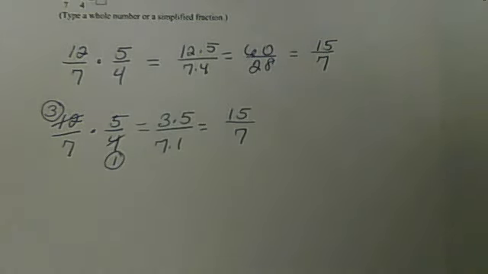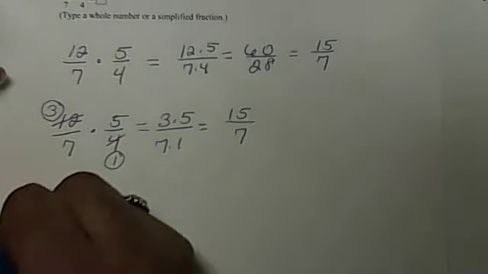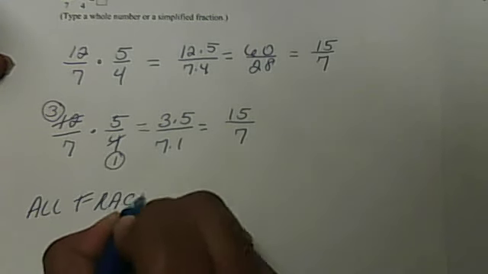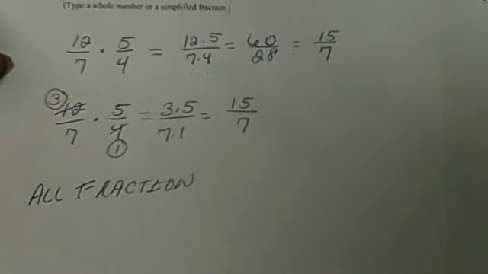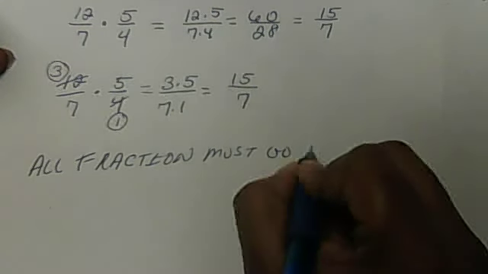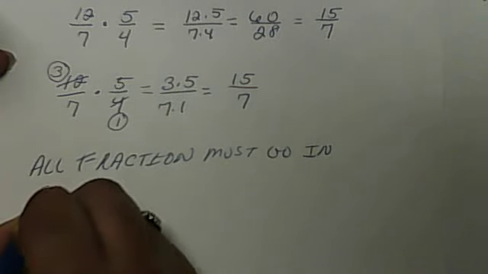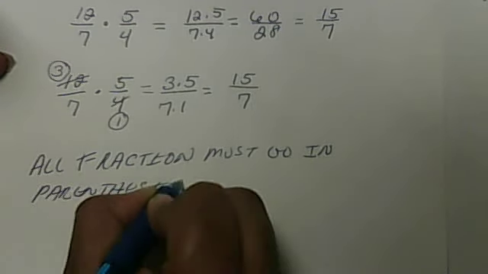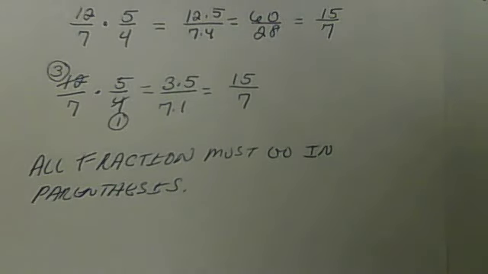Now, if you're going to put this in a calculator, my suggestion is that all fractions, if you're putting them in, must go in parentheses. Alright, so this is without the upgrade.